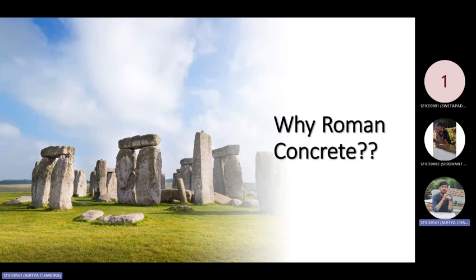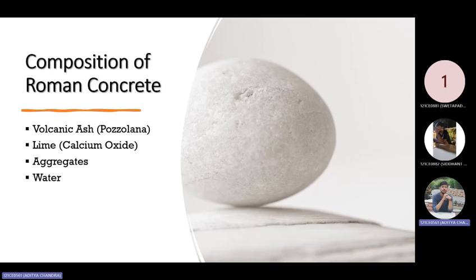Moving further to the next slide, the composition of Roman concrete. First is volcanic ash, which is one of the most crucial ingredients in Roman concrete. This was obtained from the deposits near Pozzuoli, which is located in Italy.